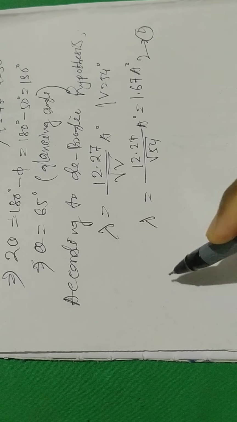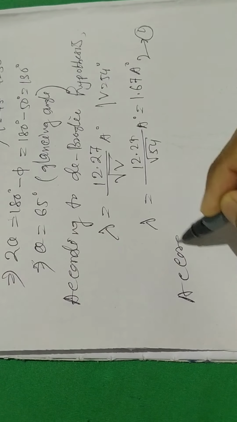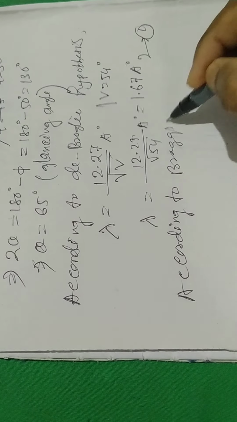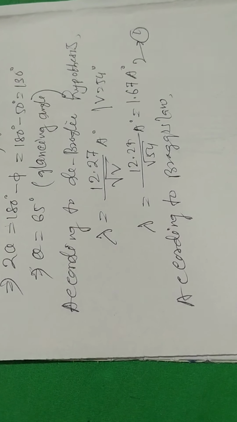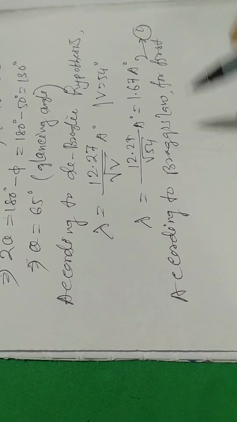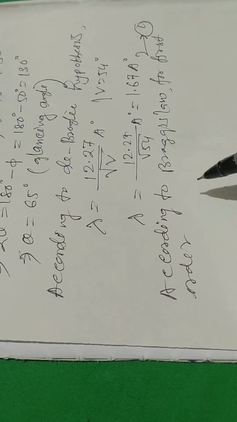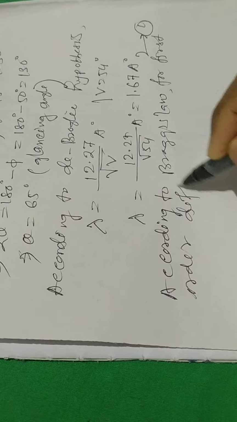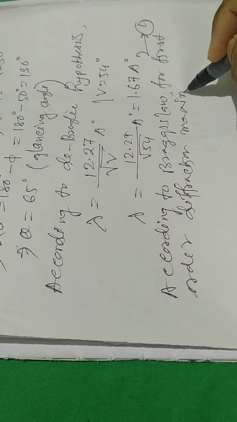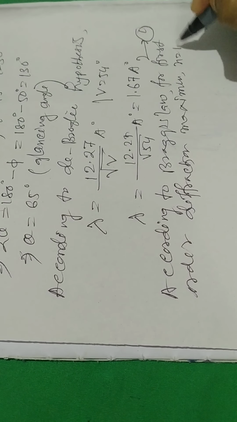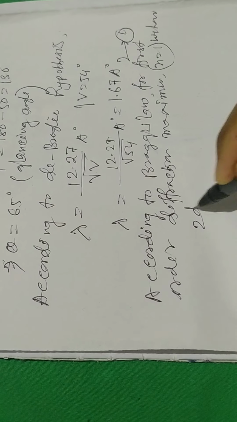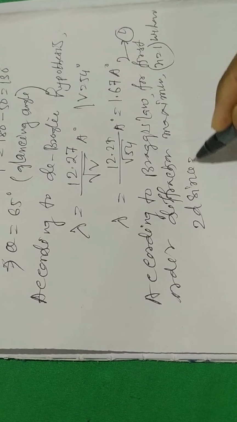According to Bragg's law, for first order diffraction maximum, n equal to 1, we have 2d sin theta equals n lambda.